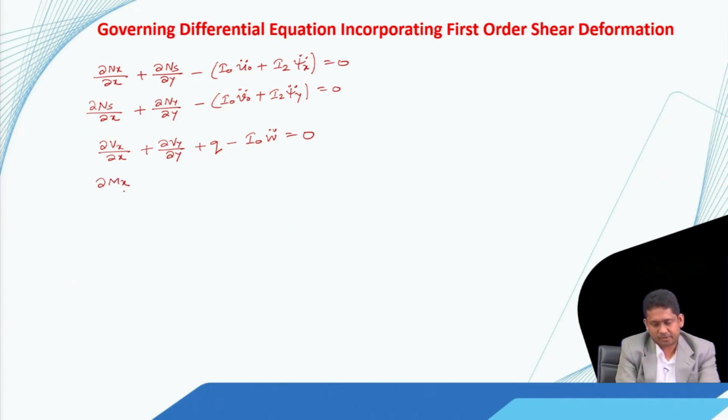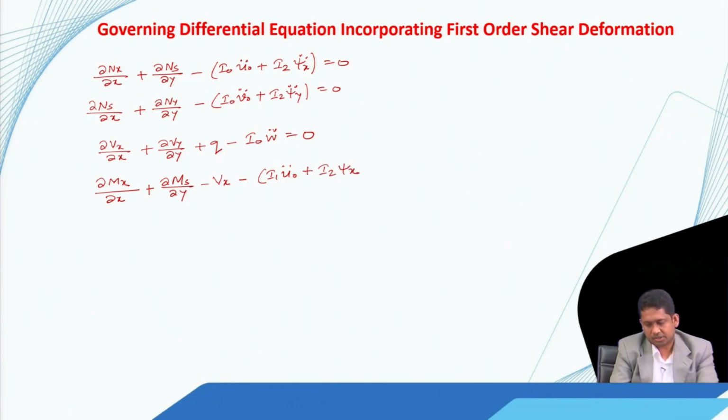And then the moment equations are del m x by del x plus del m s by del y minus v x minus I 1 u 0 double dot plus I 2 psi x double dot equal to 0, and then we have del m s by del x plus del m y by del y minus v y minus I 1 v 0 double dot plus I 2 psi y double dot equal to 0.